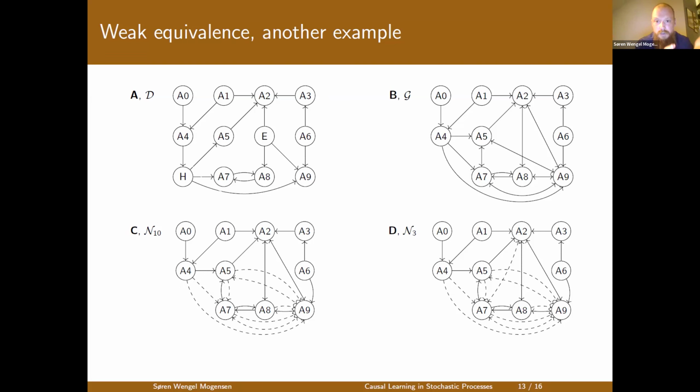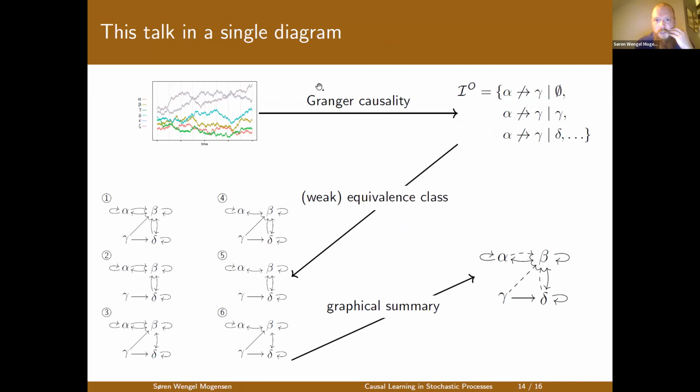So just to sum up the idea: you take this partially observed data where some coordinate processes are unobserved. You conduct some tests of Granger non-causality, and it's of course also a good question how to do that well. But let's just assume that we do have good tests, and you get this observed I. Those are just the Granger non-causalities that you observe in the data.